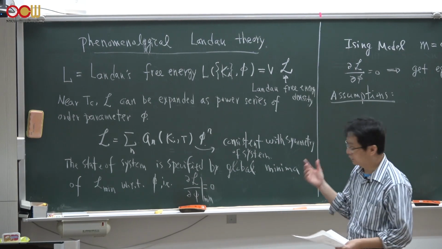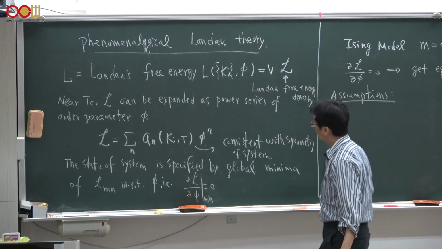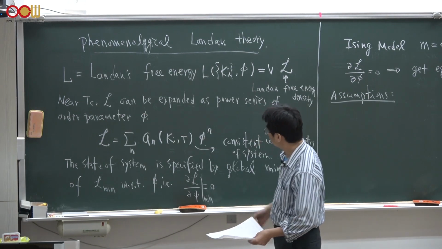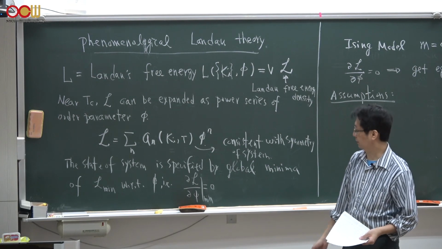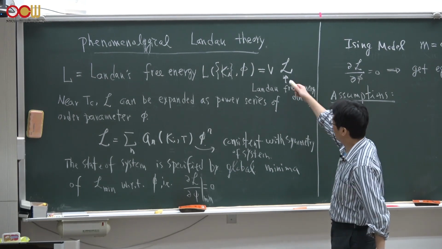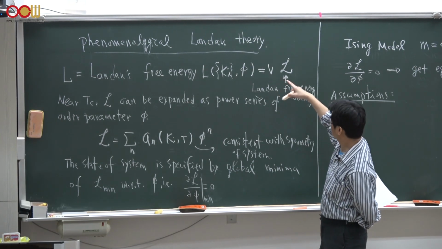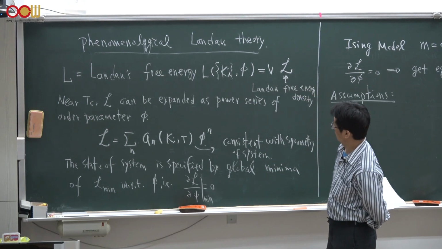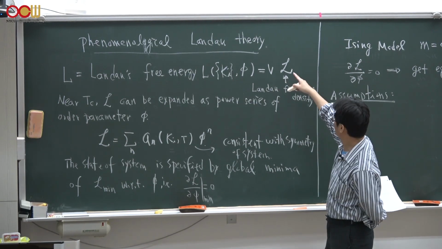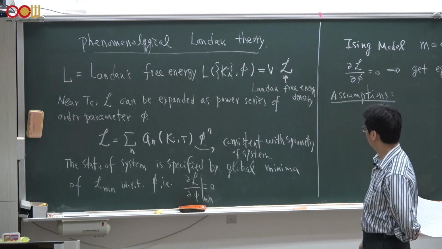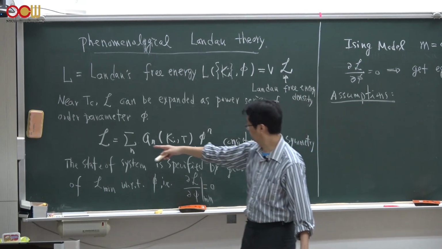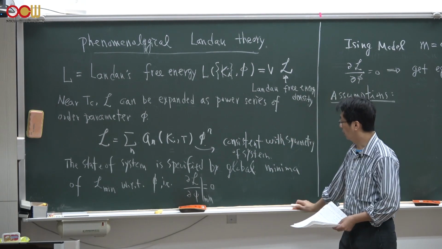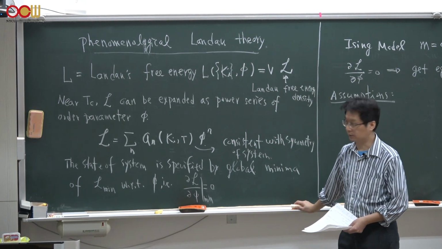So near the Tc, this Landau's free energy can be expanded as a power series of the order parameter phi, which means that if we define a Landau's free energy density, which is the Landau's free energy divided by the volume, which I use the italic L to represent, this italic L can be expanded in a power series of the order parameter phi.